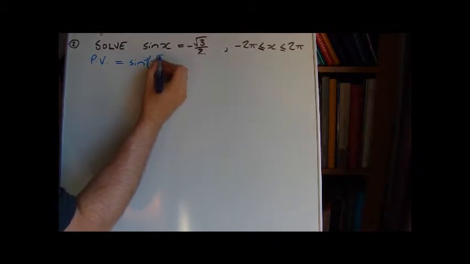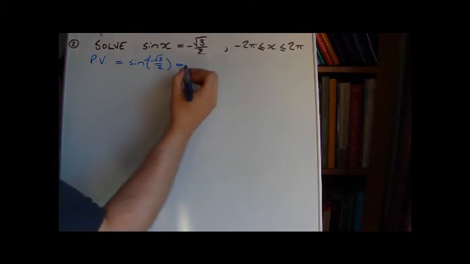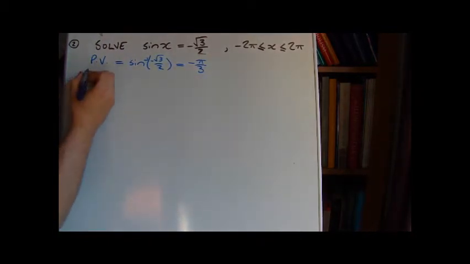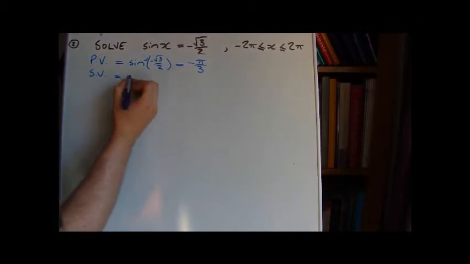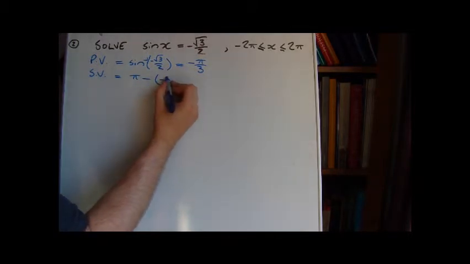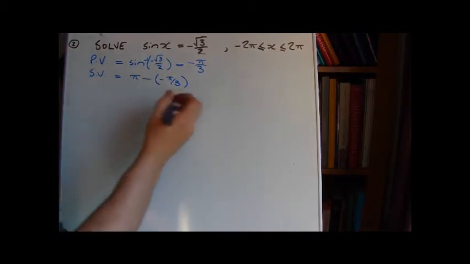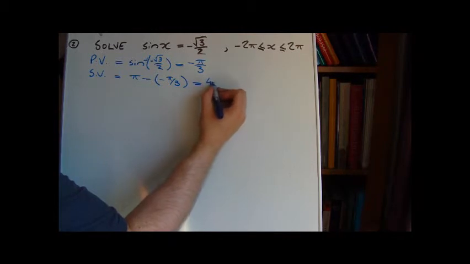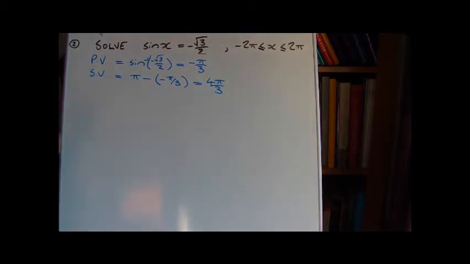So it's minus root 3 over 2, and that's equal to minus pi over 3 radians. We need the secondary value, and we get it from the principal value by subtracting it from pi radians. Instead of 180 degrees, it's pi radians. Minus a minus means plus, so the secondary value is 4 pi over 3 radians.